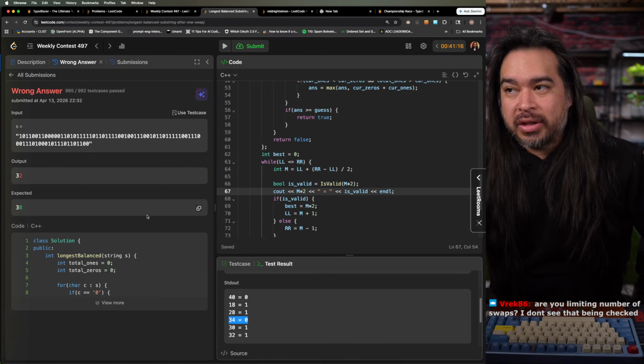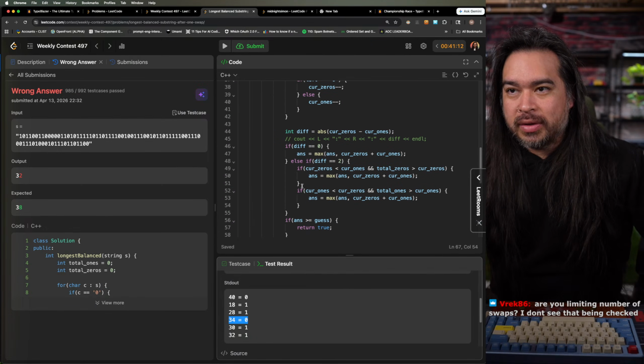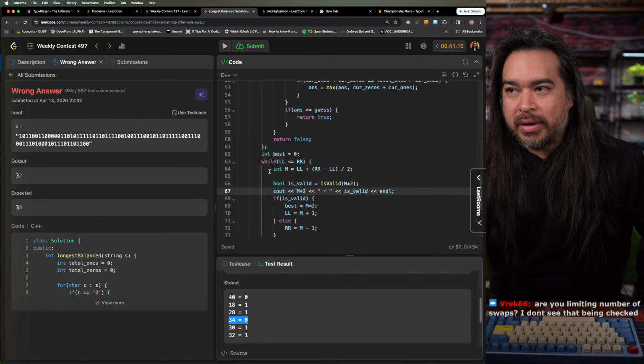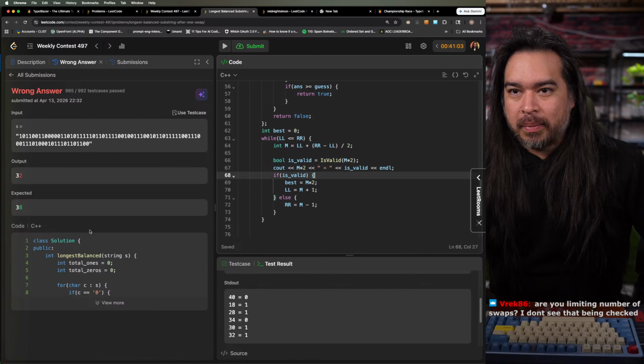Are you limiting the number of swaps? Yes. I only do one swap, but I don't think binary searching is possible after seeing this test case. Because I'm thinking perhaps it's looking for a window size 34, and maybe it can't find something of size 34 that has a diff of 2 for it to look for something else to swap.